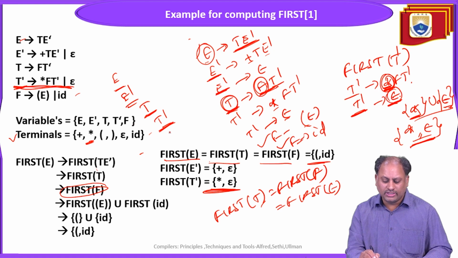Now what is left out? Next F. F is the same as what? Previously we concluded that first of T is equal to first of F, E and D. Even if you calculate, what is F?